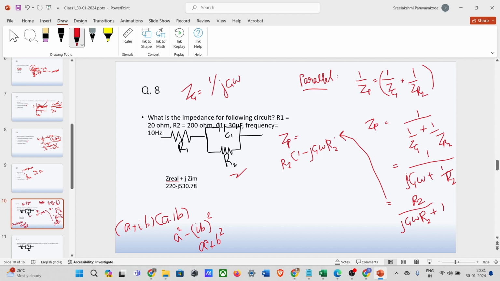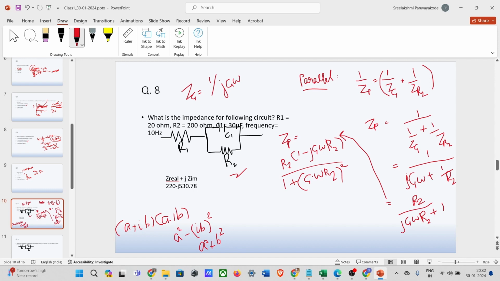And downstairs what I'll get is 1 plus C1 omega R2, the whole square. Is this much clear to everyone? Yes, ma'am.